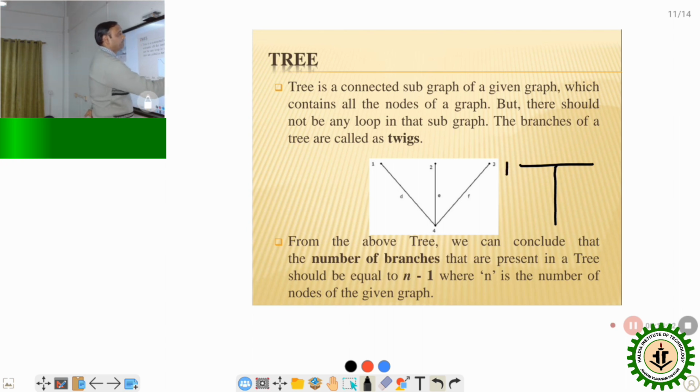This is 1, this is 2, this is 3, this is 4. This is also a subgraph and this is also known as a tree. Here also you can see node 1, node 2, node 3, node 4. All 4 nodes are present but no closed loop is present. So this is also called a tree.